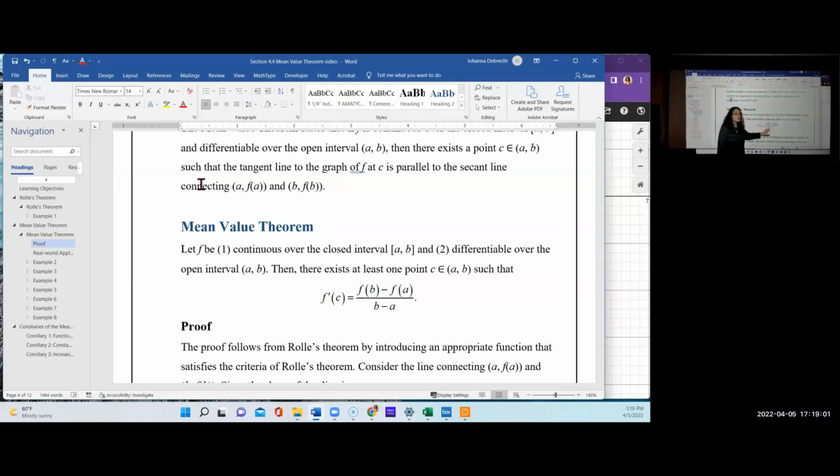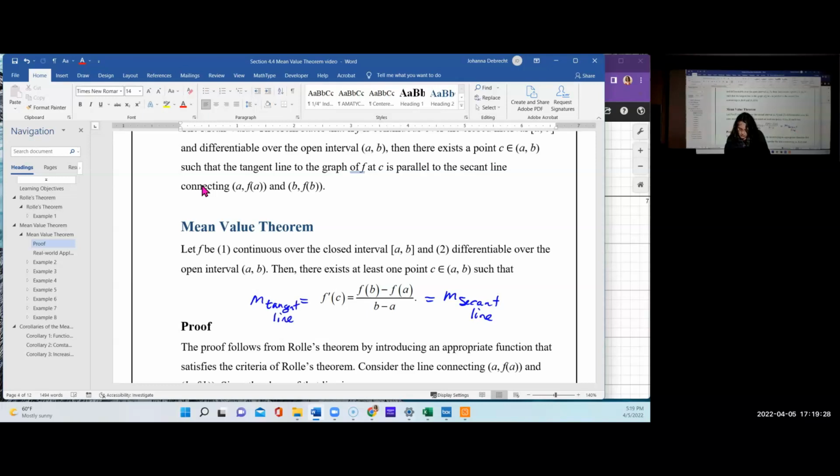And this, of course, is just the difference quotient that you're used to seeing from college algebra. It's also y1 minus y2 over x1 minus x2. It's slope, but it's the slope of the secant line. So what we have here is the slope of the secant line on the right side and the slope of the tangent line on the left side.